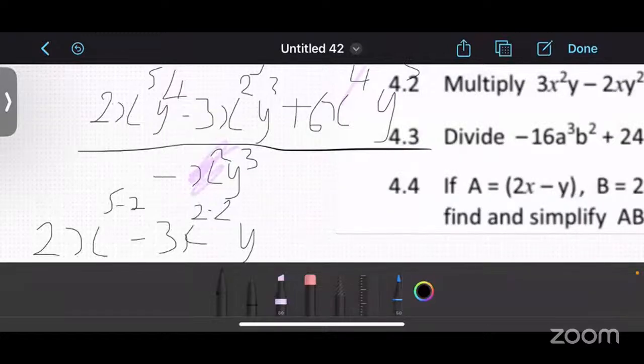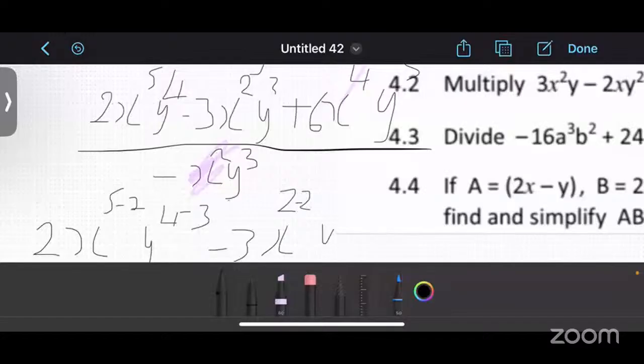Wait, I missed the y. So you're saying y to the power 4 minus 3 minus 3x squared. Is that what you did?